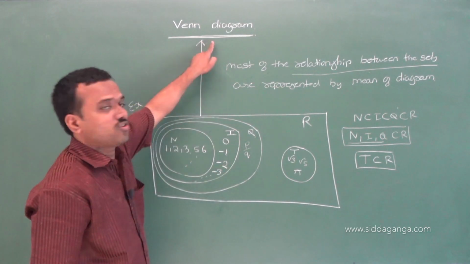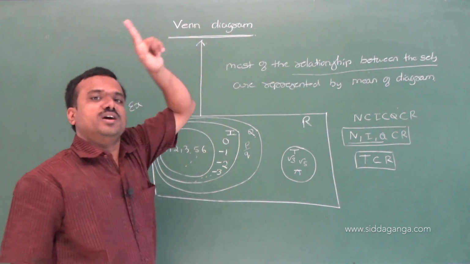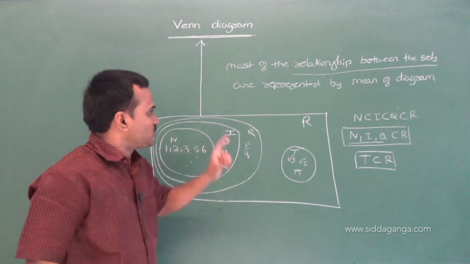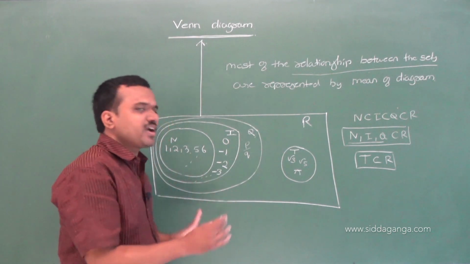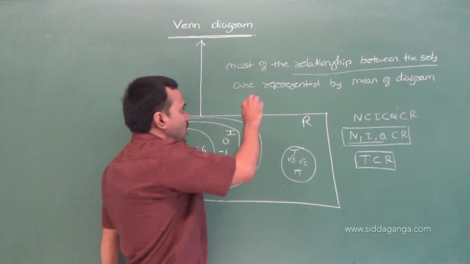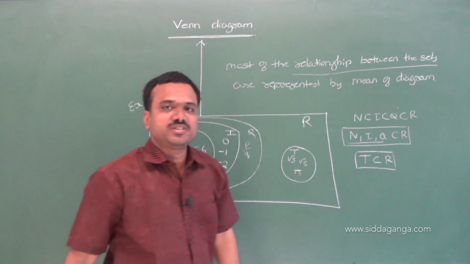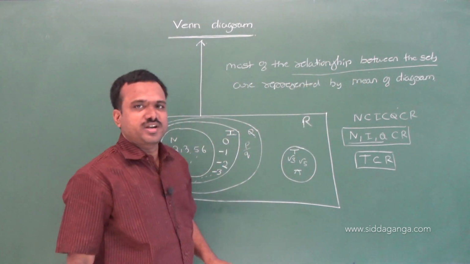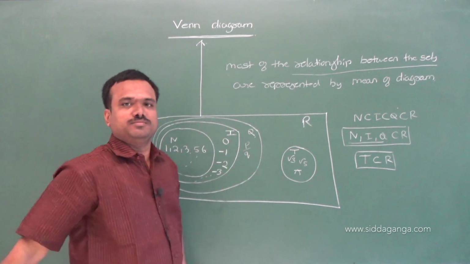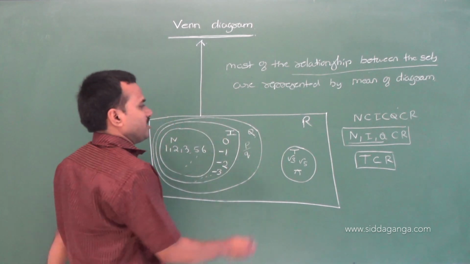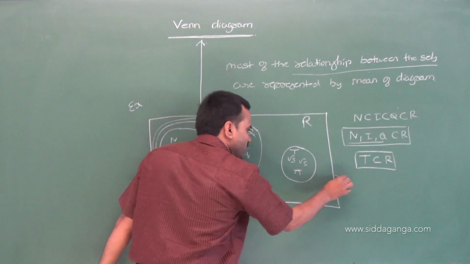This diagram we call a Venn diagram. Understand? A Venn diagram is a diagram in which the relationship between the sets is represented. So here is one very important point.